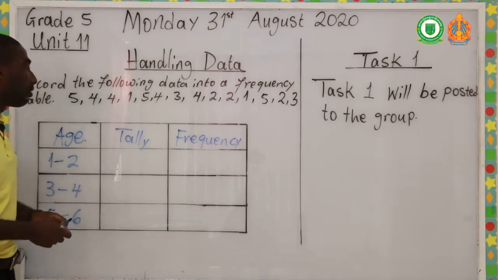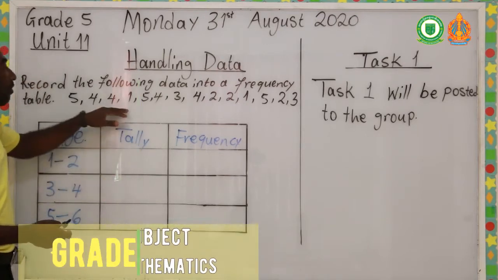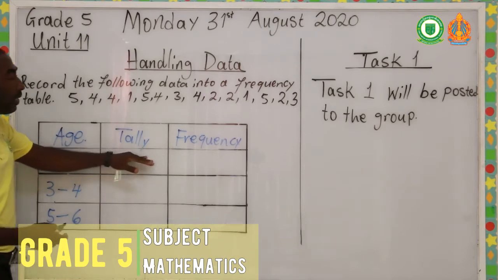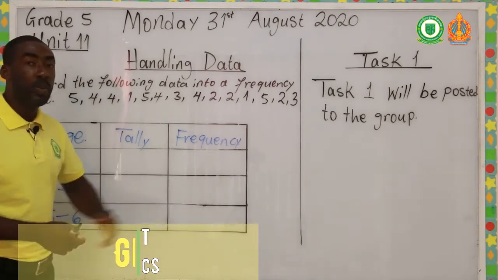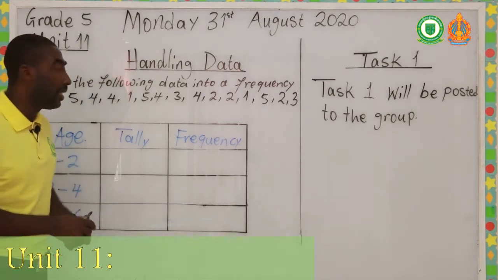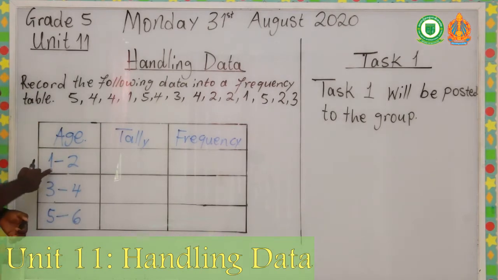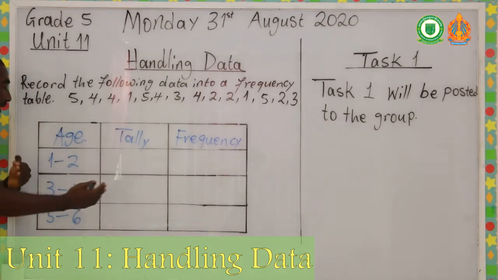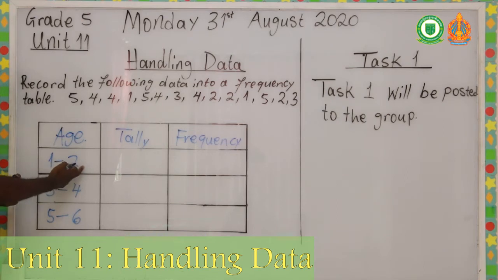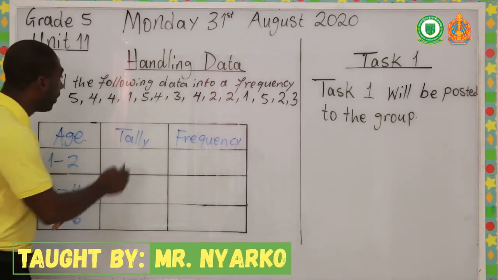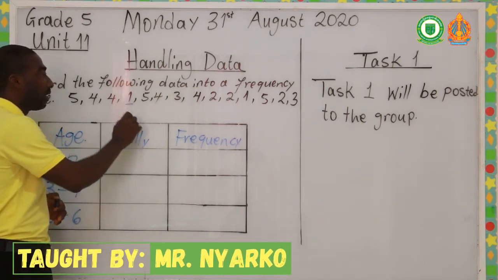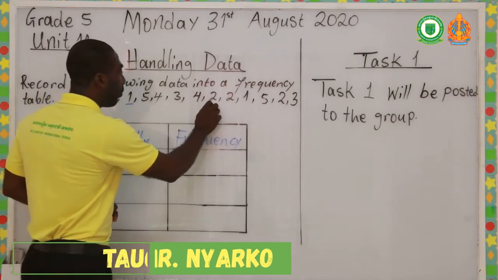So the first thing we're going to do is the tally from the raw data, and what we get from our tally will be equal to the frequency as well. So now we're going to look for the age range between 1 and 2. We can find 1 here. We find 2, making 3.